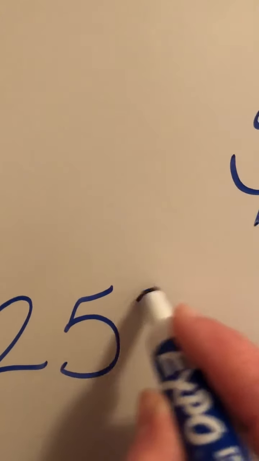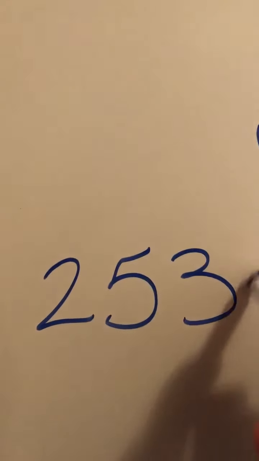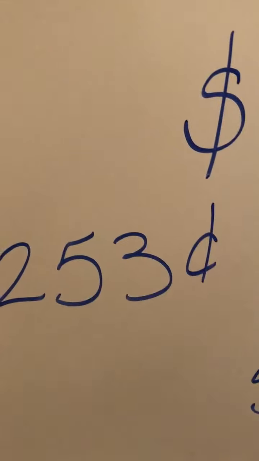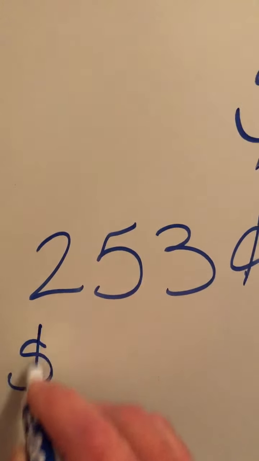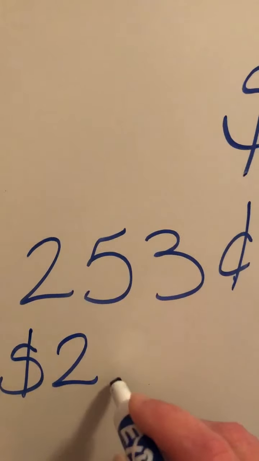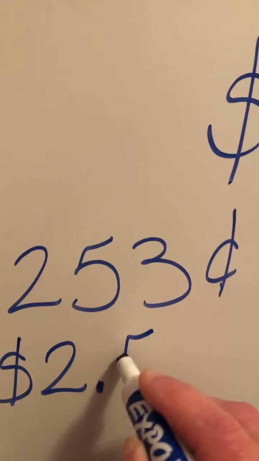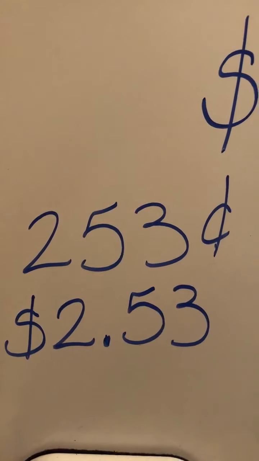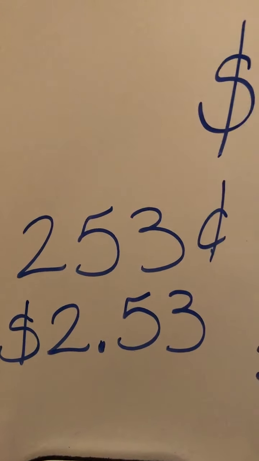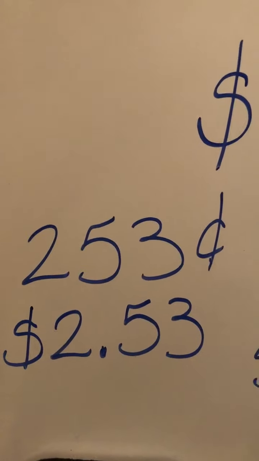Let's say you end up with 253 cents. Well, we wouldn't typically write it like that, would we? So how would we write that using dollars? $2 and 53 cents. Okay, so have fun adding up some coins and writing your money amounts 2 different ways.